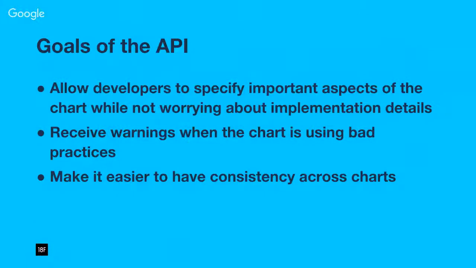This would make it really easy to have consistency across charts, because your way of creating a chart would just be to input the right information in this API, and it would create a chart that is already consistent based on all these rules set before.